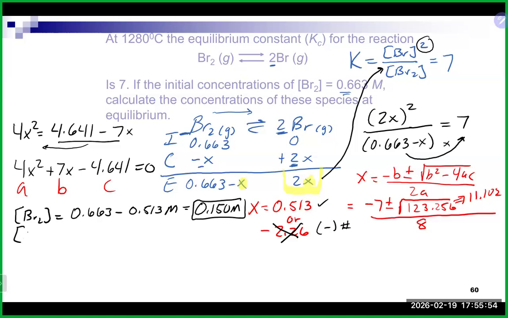For the concentration of Br, that's equal to 2 times x, which would be 2 times 0.513. That's going to get us about 1.03 molar in this case. First off, any questions on that there?